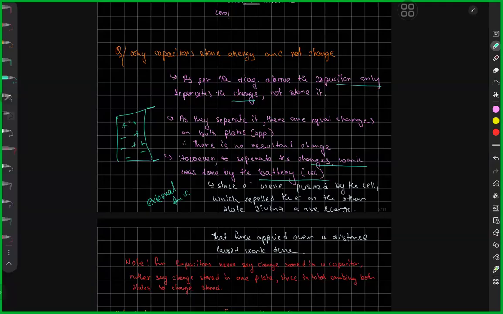I start separating the charges, such that I have a bunch of positive charge build up over there and a bunch of negative charge build up over here. What did I do? I did work to separate the charge.